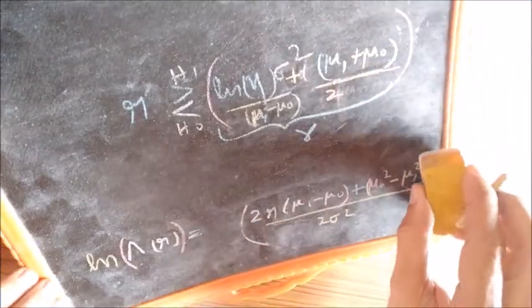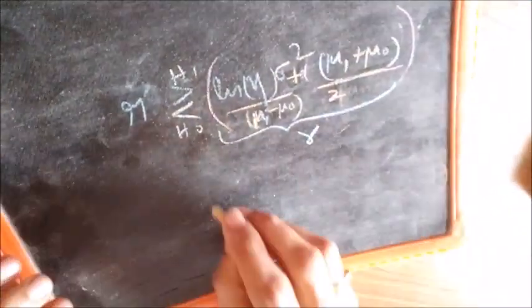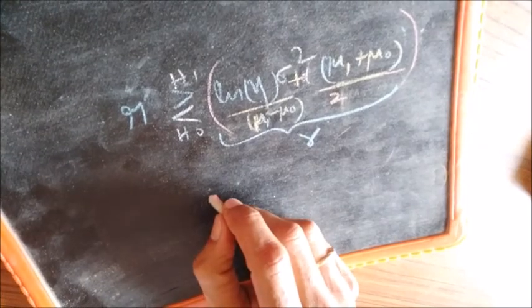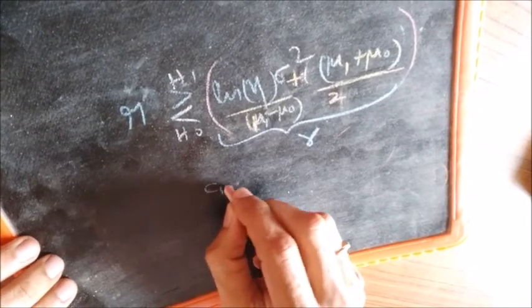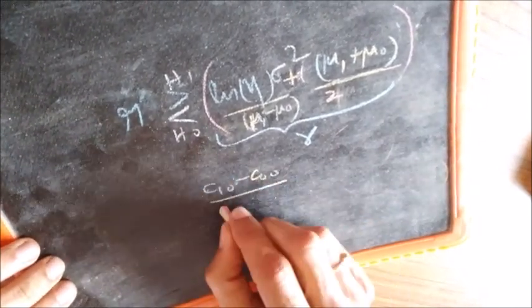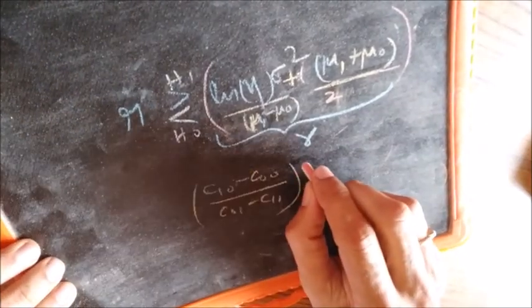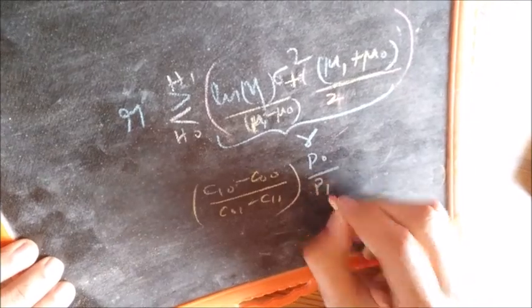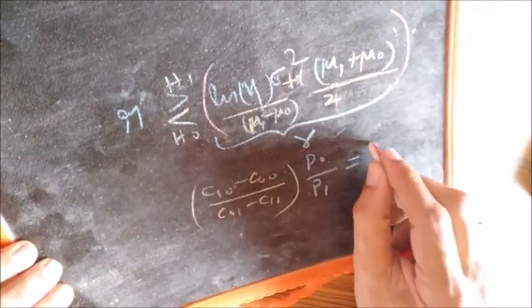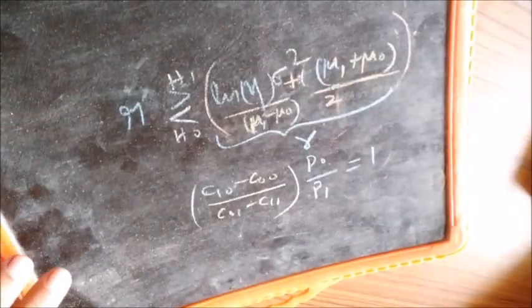Now suppose the costs, that is C10 minus C00 divided by C01 minus C11, and the probabilities were such that this became 1.